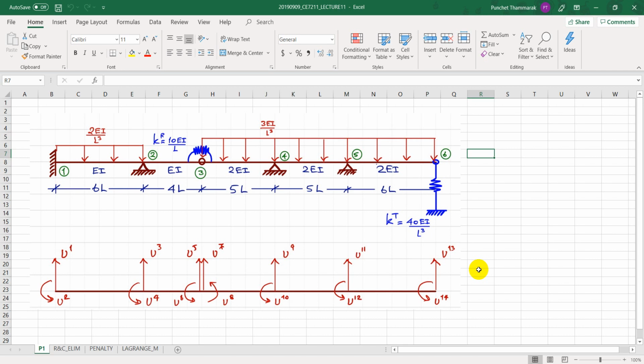By Lagrange multiplier, as we have the additional equations that impose the condition of your displacement, then we have additional unknowns, which were the reactions. So once you solve for the displacement degrees of freedom, you also have the support reactions as a byproduct. It comes out immediately and automatically.